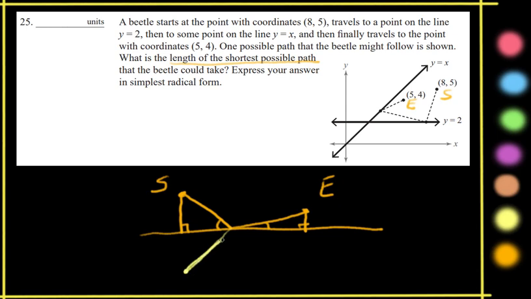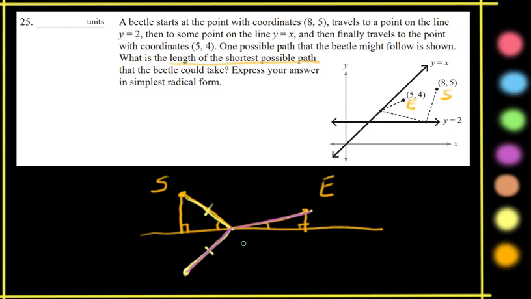And so this length would be the same as this length. So the total distance from here over to here and then out to here is going to be the same as if you had started down here and gone up to here and then gone over to here.